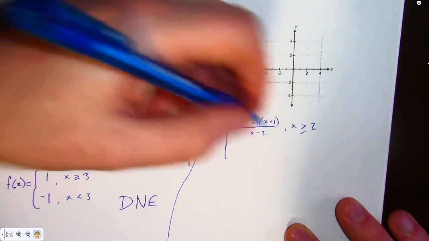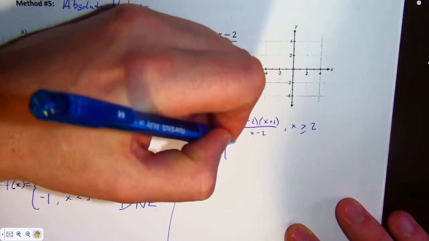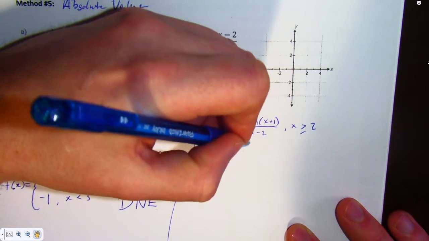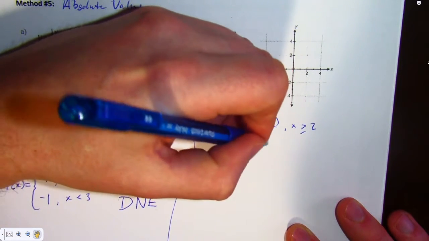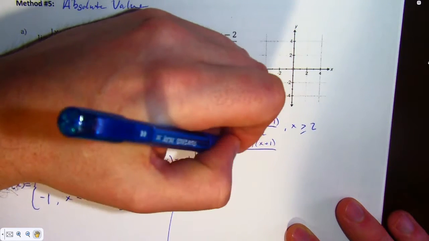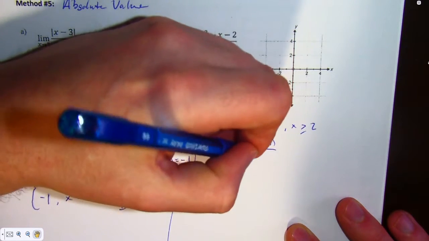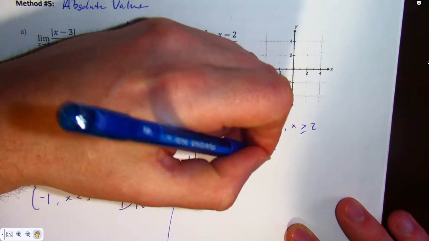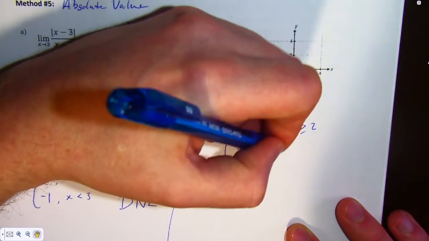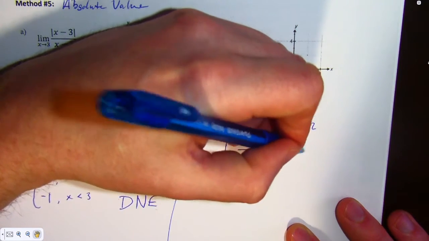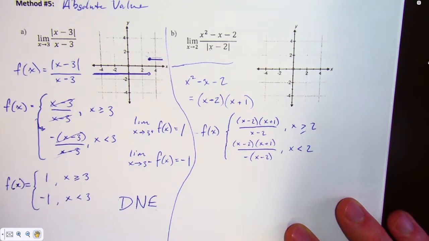If, however, x is less than 2, we're going to have x minus 2 times x plus 1, then we're going to have negative x minus 2. So that would be if x is less than 2.